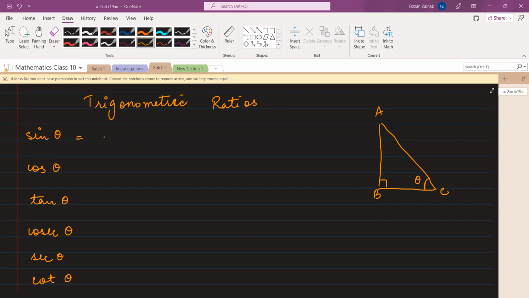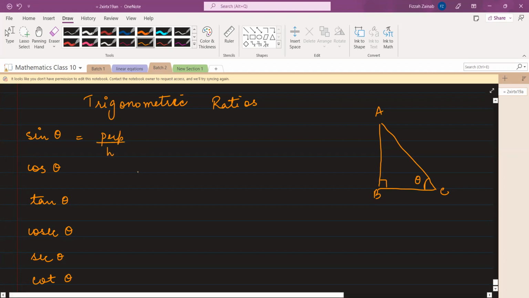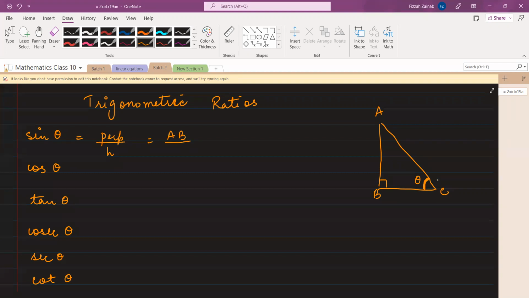Sine theta is basically perpendicular upon hypotenuse. Okay. Now, if I'm taking this angle theta, the perpendicular will be the side which is opposite to this angle. That means AB. Is that clear? And hypotenuse is obviously the longest side of this triangle and the side which is opposite to the 90-degree angle. So that is AC.